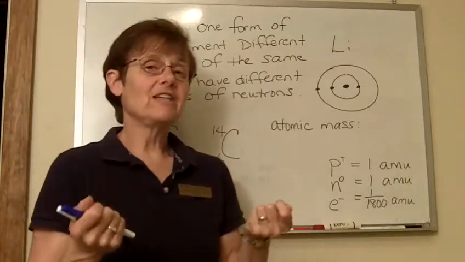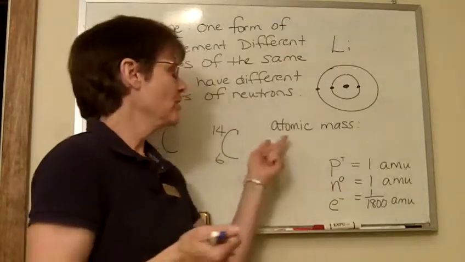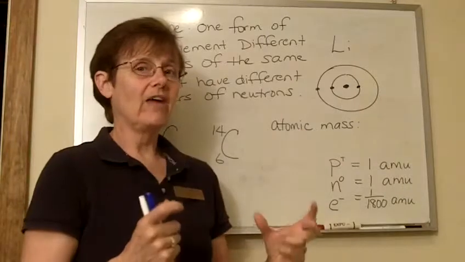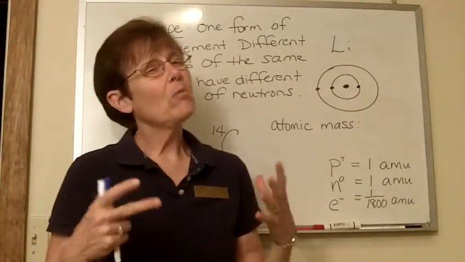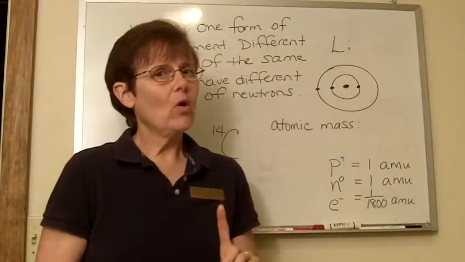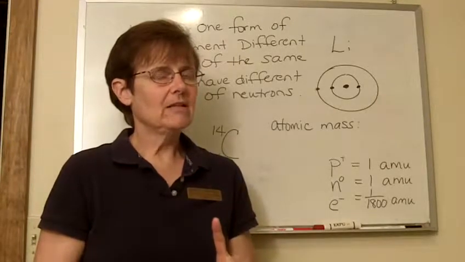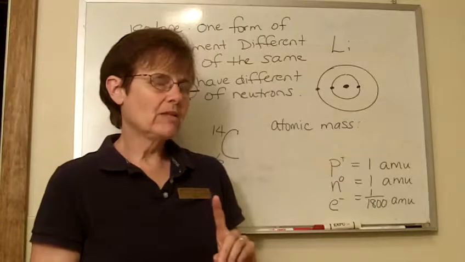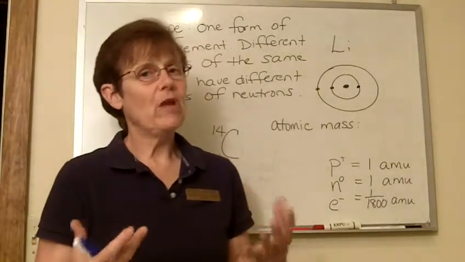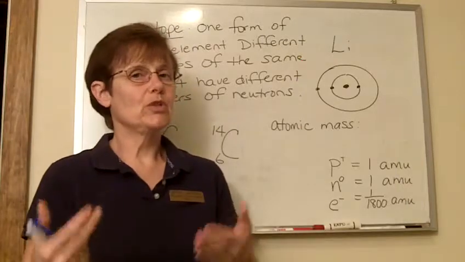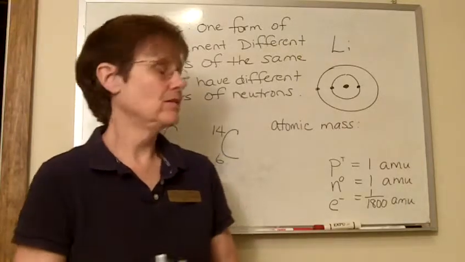But that's the idea of how these things work. The atomic mass is always a weighted average of the different isotopes that are found in nature. So since we know that most of the time there's one isotope that predominates, if you take that atomic mass number and round it off to the nearest whole number, you'll have the mass number of the most common isotope.